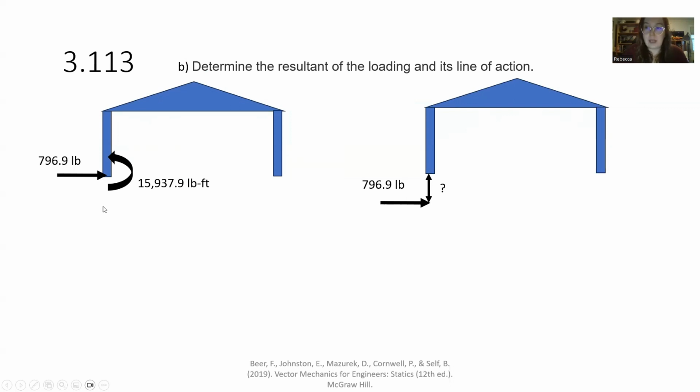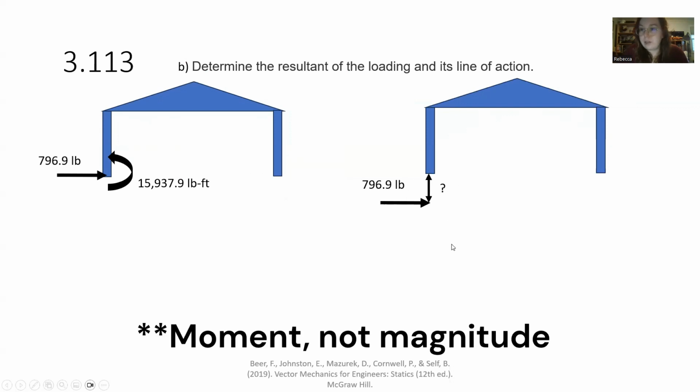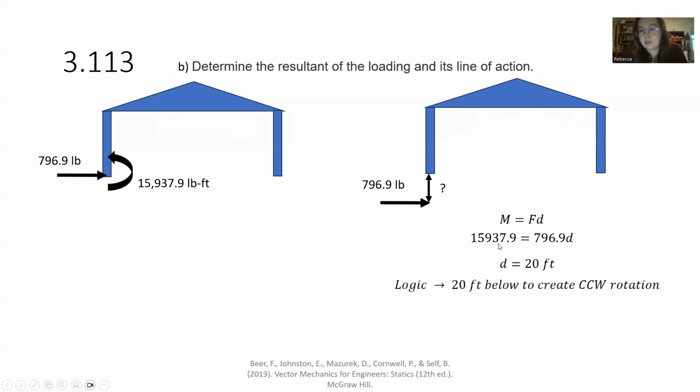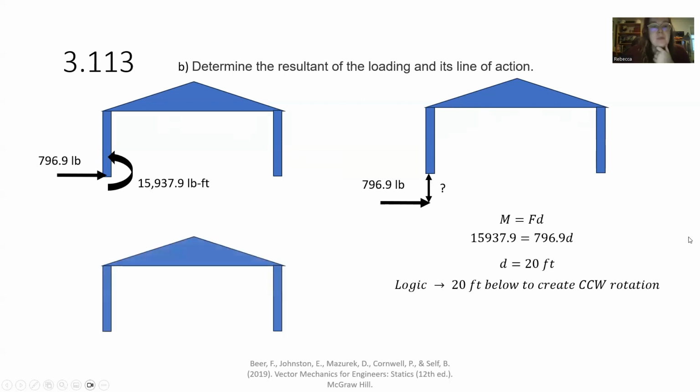Moment magnitude equals force times perpendicular distance, so moment divided by force equals the distance we need to offset it. It would be 20 feet, logically 20 feet below to create that counterclockwise rotation. That is the way that you'll probably see if you come across a textbook solution, and probably the easier one.